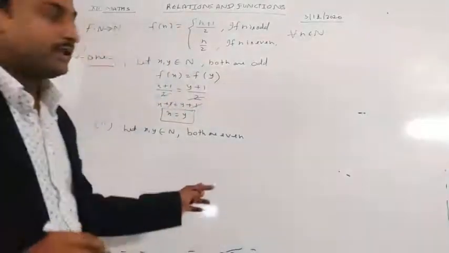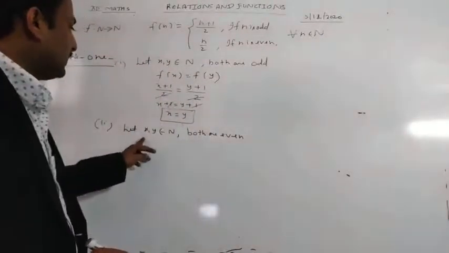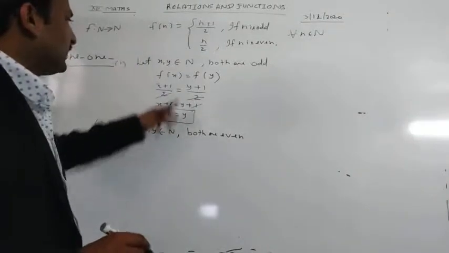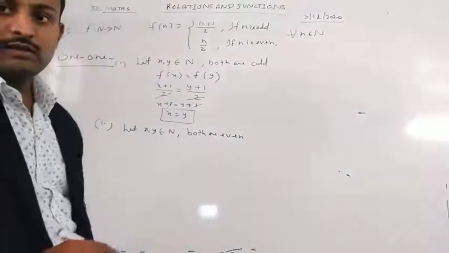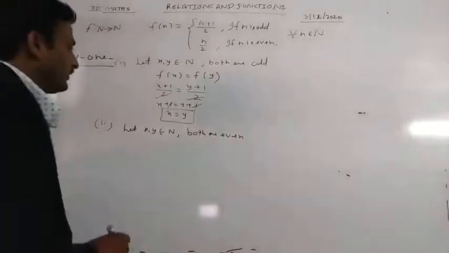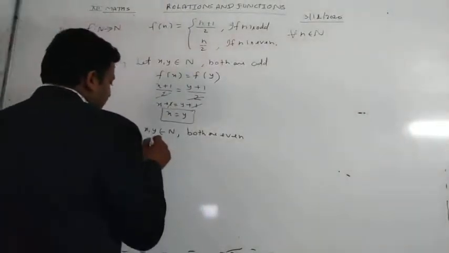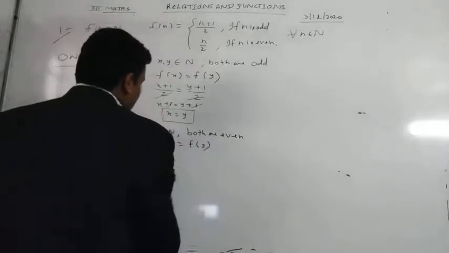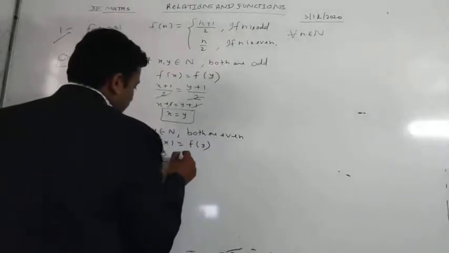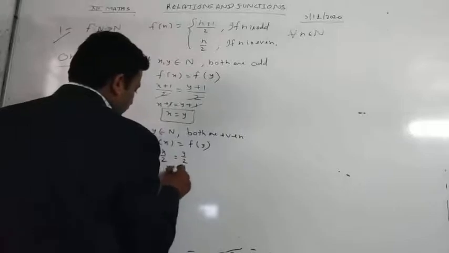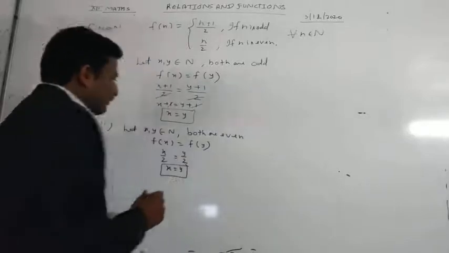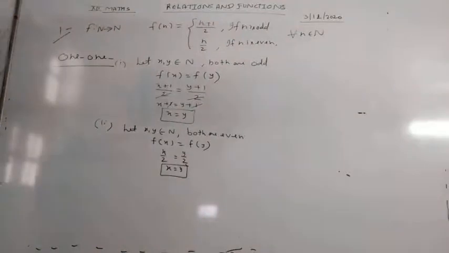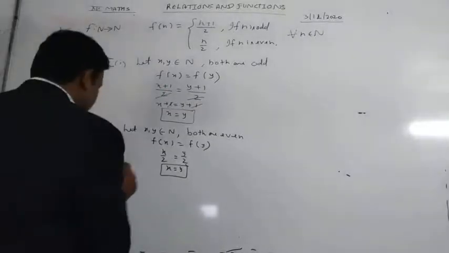In this case we are considering two natural numbers which are both even numbers. Then f(x) is equal to f(y) and we get x by 2 equals y by 2. So x is equal to y. Again it is satisfied. But now we will take the third case in which x is odd and y is even.